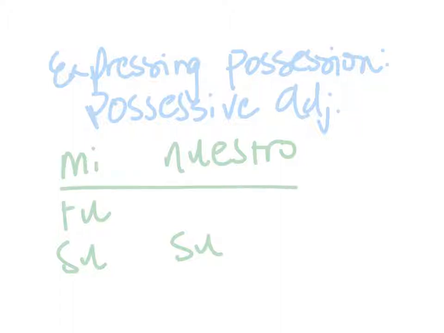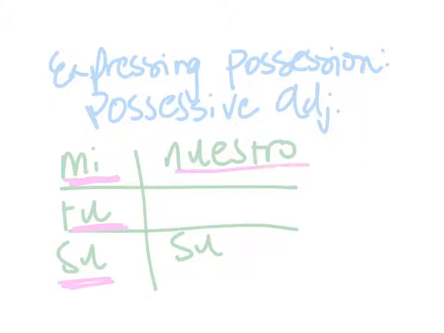So this would be like saying my, mi is like saying my, tu is like saying your, su is like saying his or hers or with the usted, nuestro is like saying our, and then su is like saying their or the plural of ustedes, okay? So let's look at an example with this.